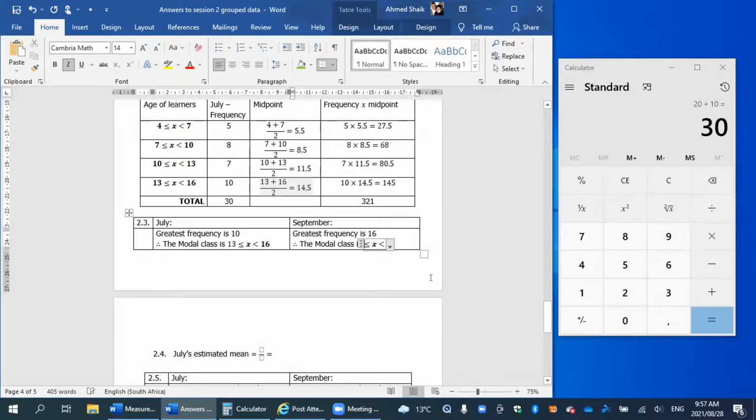It's the second last one, which was 10 less than or equal to x, which is less than 30. And that is our answer for the modal class for July and September.